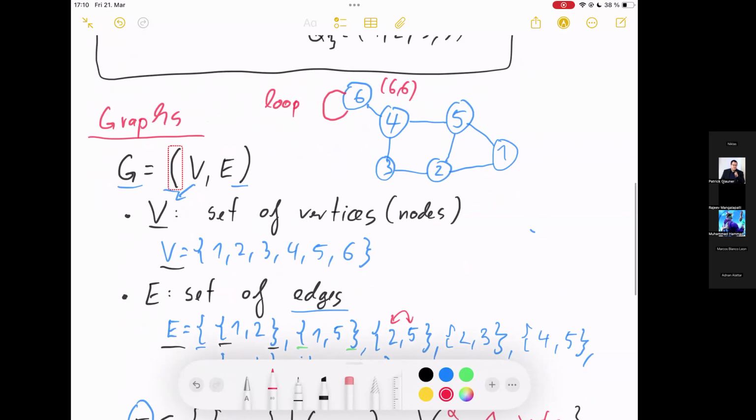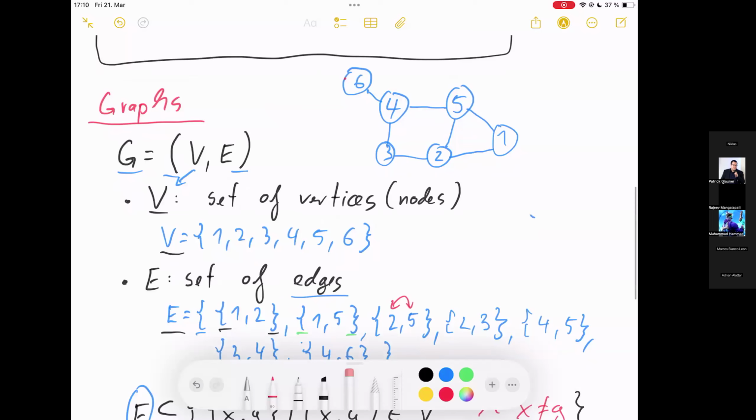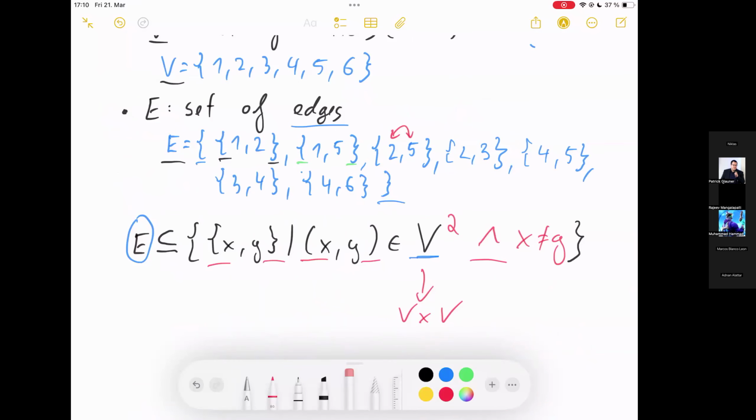And then these loops are not allowed anymore. So I'm deleting these loops. They're not allowed anymore. Later we will allow loops, but for now we don't allow loops. So we say x and y must be different.